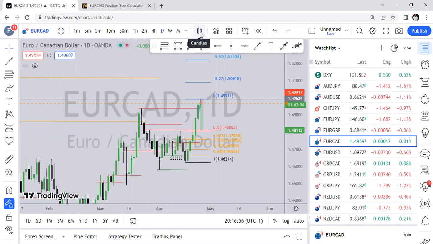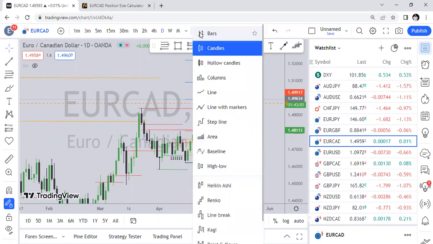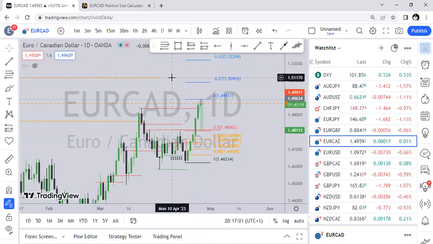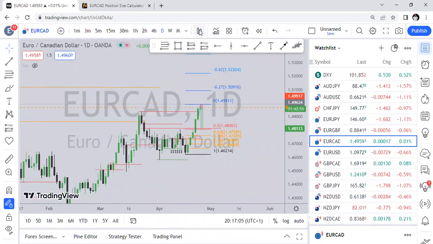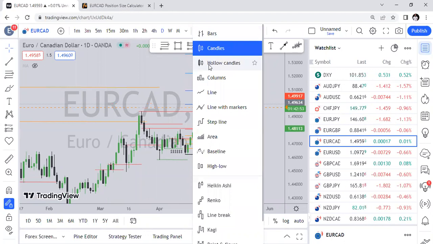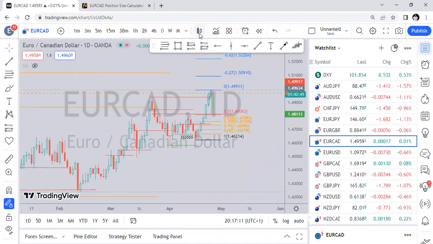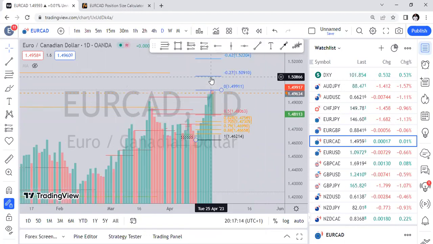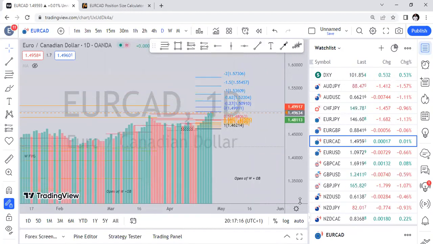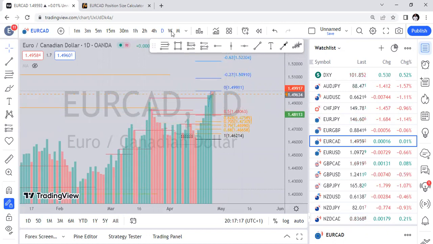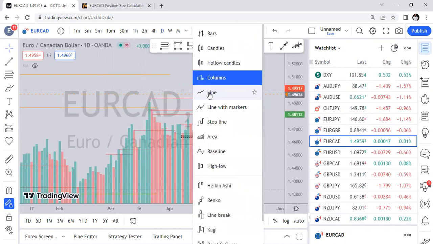Okay, so like I was saying, when we talk about candlesticks, it's not the only way that price can be represented. There are different ways that price can be represented. Like we can use these hollow candles to represent price. We can use columns. This is still the same price. We can use a line.